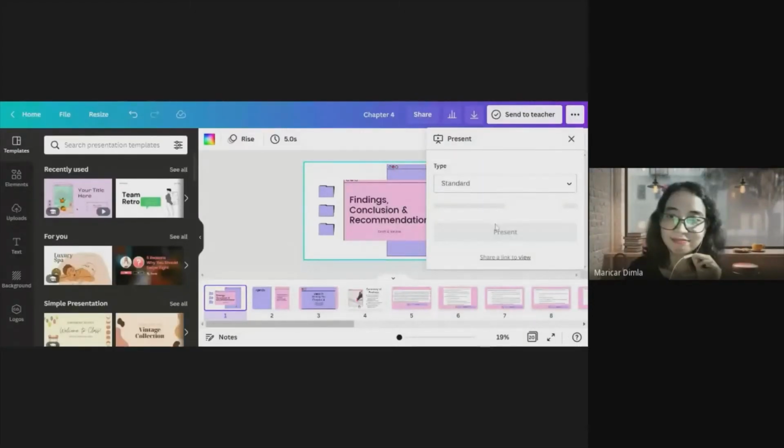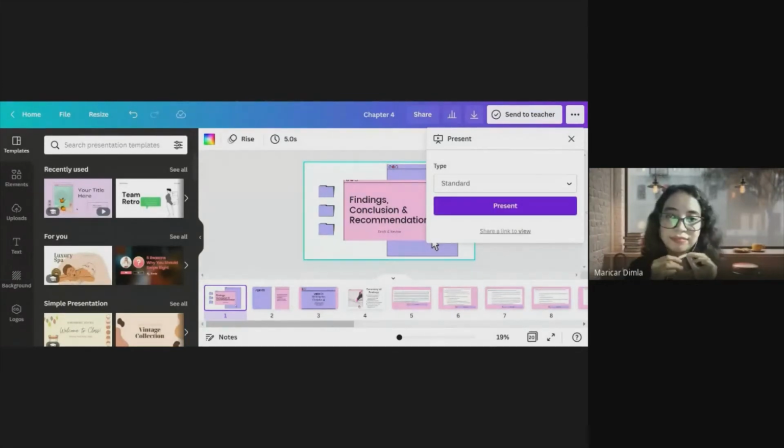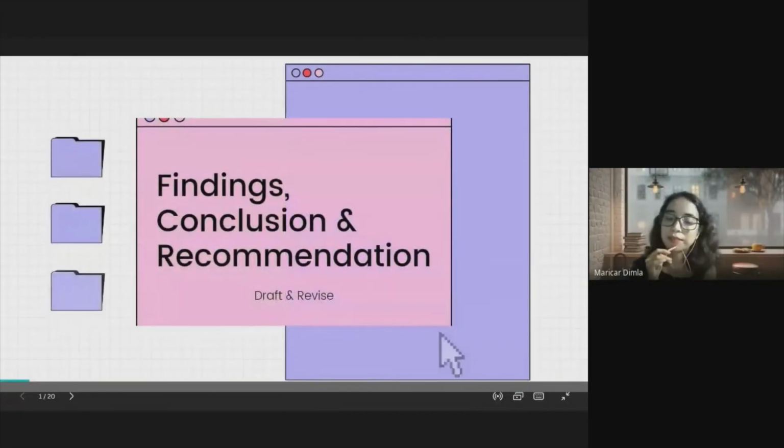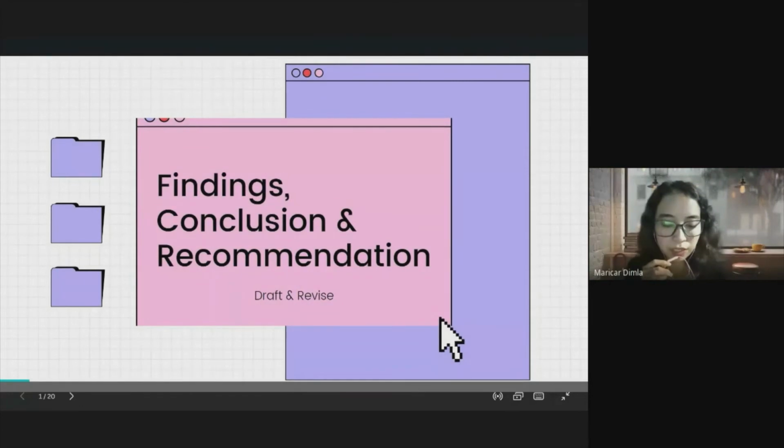Okay, class, remember this. In writing the chapter 3, it always depends on what kind of instrument you have. Okay? Nakabase sa instrument kung papaano, kung ilan yung numbers of tables na meron kayo. Okay? Sa chapter 4 naman, anak, ganun din.